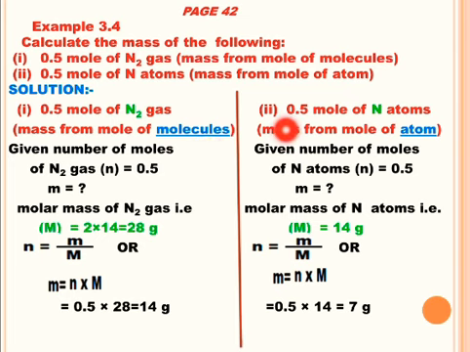And now in this example you have to calculate the mass of 0.5 moles of nitrogen atom, that is mass from the mole of atom. So what is given here? Once again see, small n is given, that is number of moles of nitrogen atom, that is 0.5. And what we have to calculate? Mass of 0.5 mole of nitrogen atom.